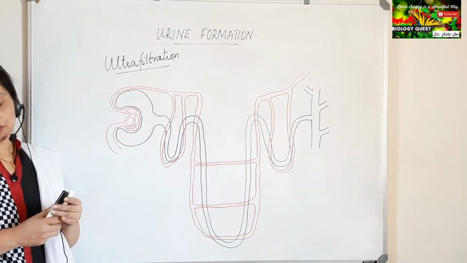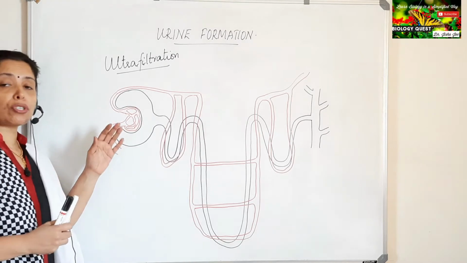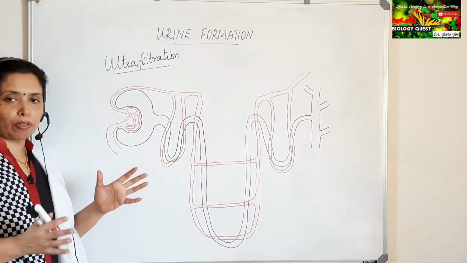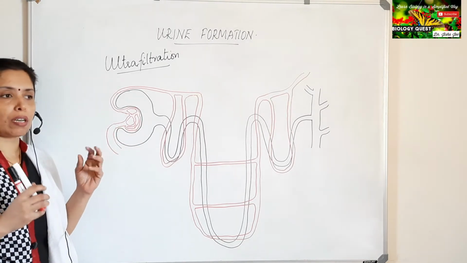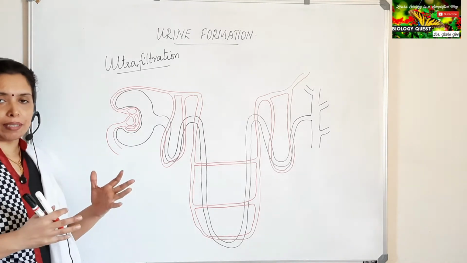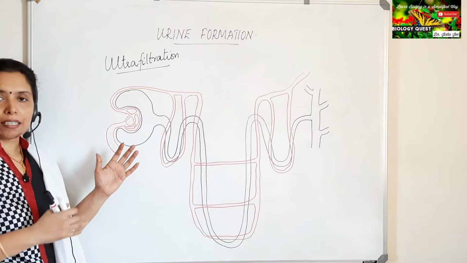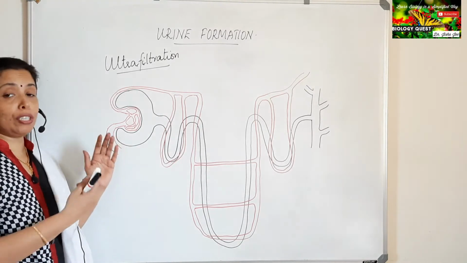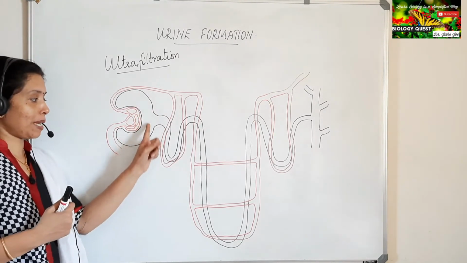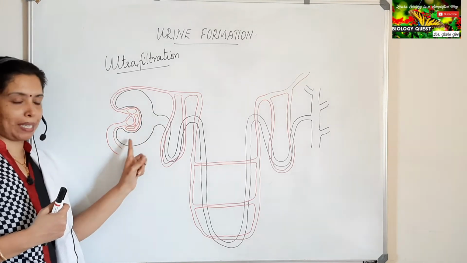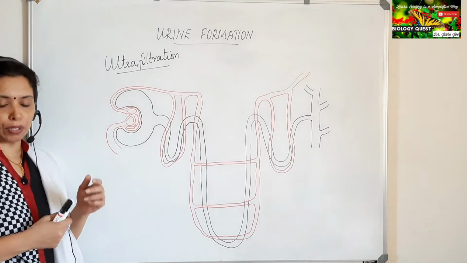As a result, almost all the liquid part of the blood, about 95% of the water content, will diffuse into the hollow space of the Bowman's capsule.